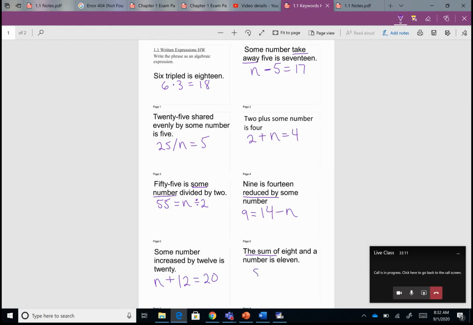The sum means add, so we're going to have 8 plus a number, is means equals, and we have 11. So check your front 8, make sure those are all okay.